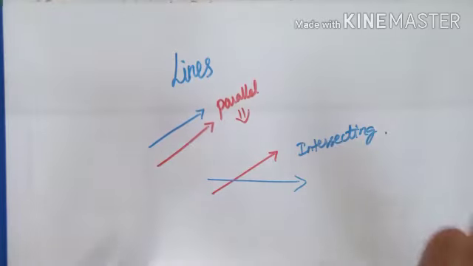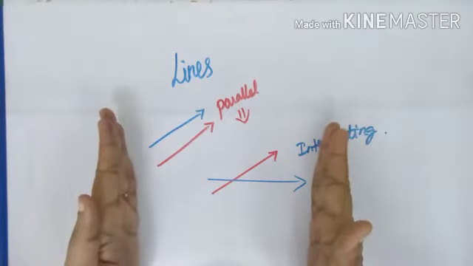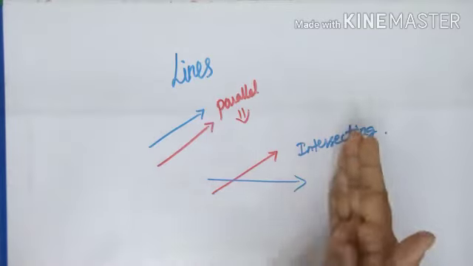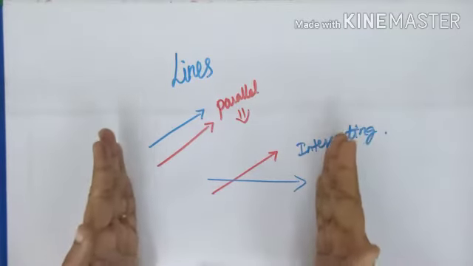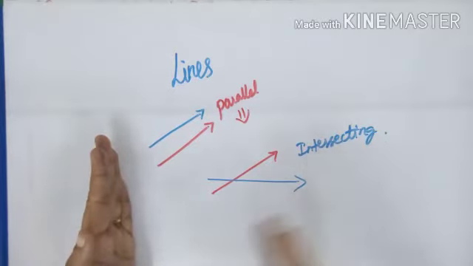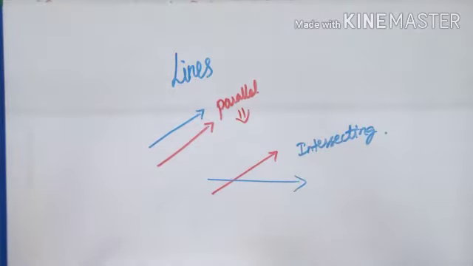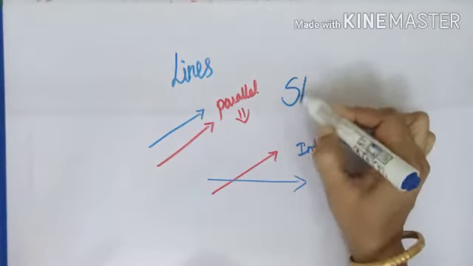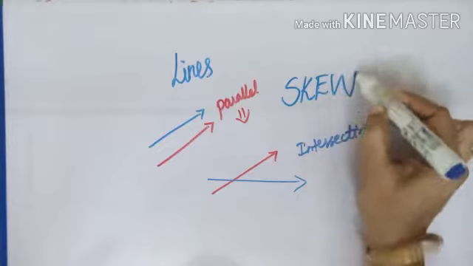So the two walls are like this. I am taking one line here and one line here. Since the planes are parallel, the walls are parallel, these two lines will not meet. So there is a chance for them not to meet. Such lines we call skew lines.